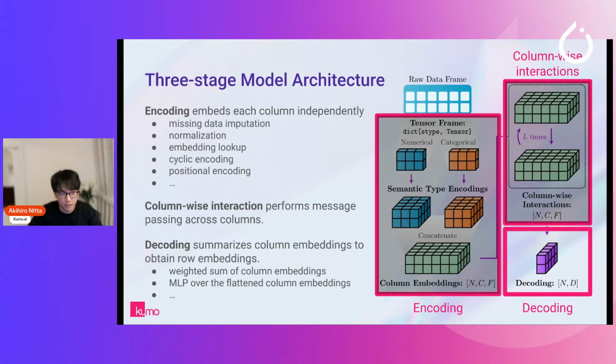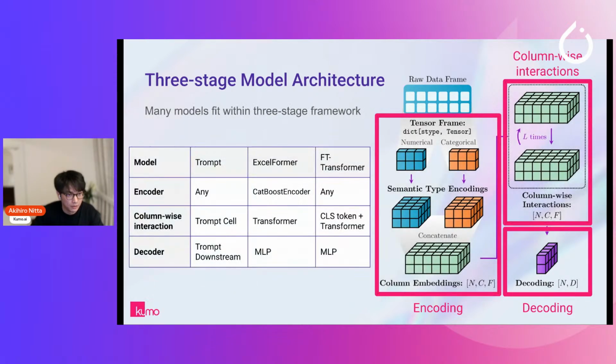Decoding summarizes column embeddings to obtain the final row embeddings. It could simply be a weighted sum of column embeddings. So an N by C by F tensor will become N by D. And this 3-stage model architecture is expressive enough to cover existing models, such as TabTransformer, ExcelFormer, and FT-Transformer.